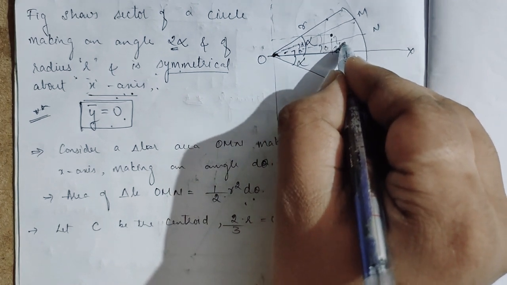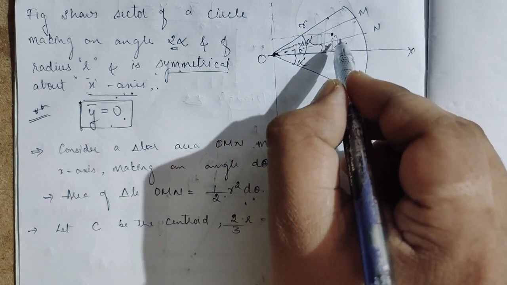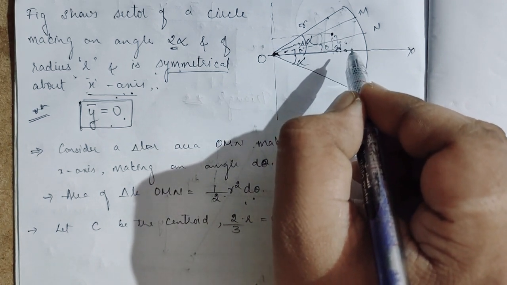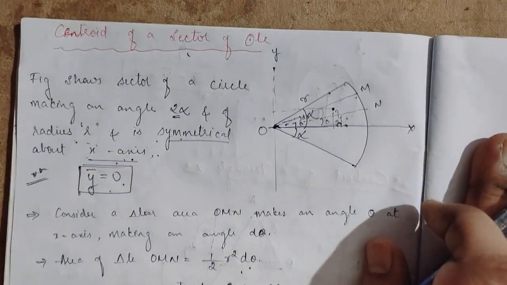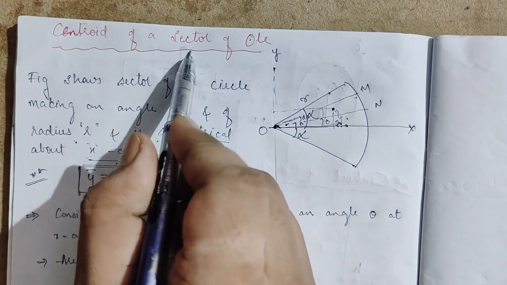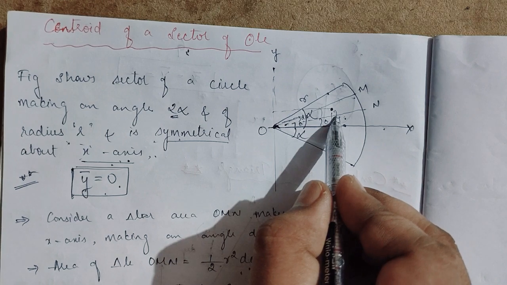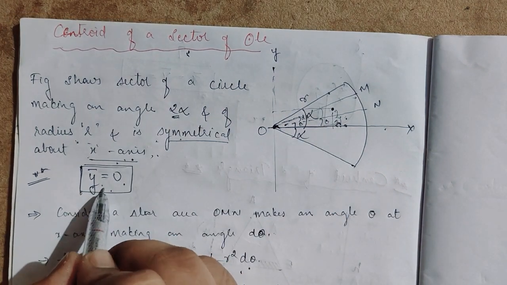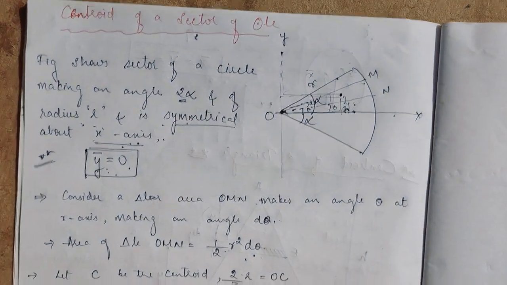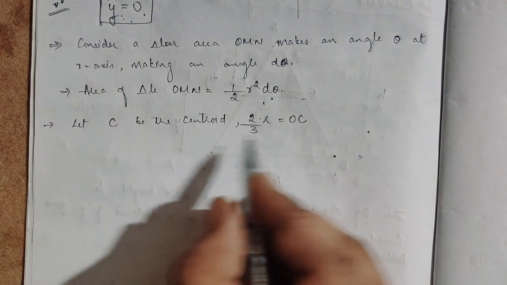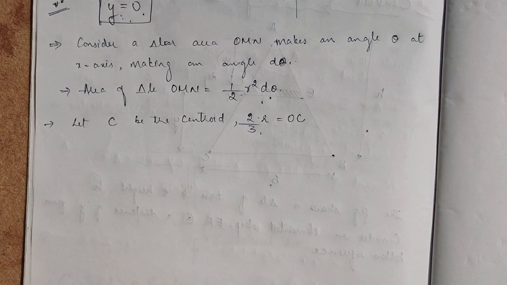Here this distance will be nil, but we have taken it in enlarged view, so this distance is coming. When we find the centroid of a sector of a circle, keep in mind we have taken x as symmetrical, so we shouldn't find y bar because it is already 0. We should solve for x bar. Let the distance of the centroid be 2/3 r sin theta.